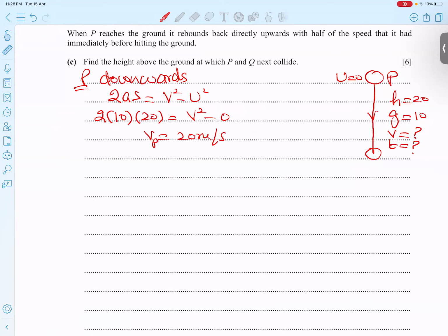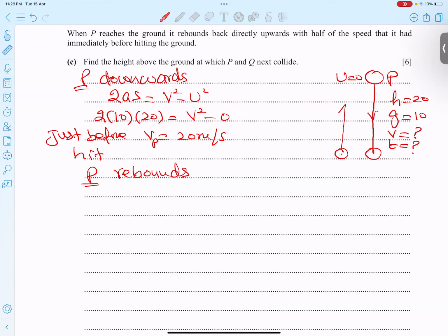So VP just before hitting is 20. Now he said that when it rebounds, the speed is half. So when P bounces up, what data do we have now? The situation is very clear.